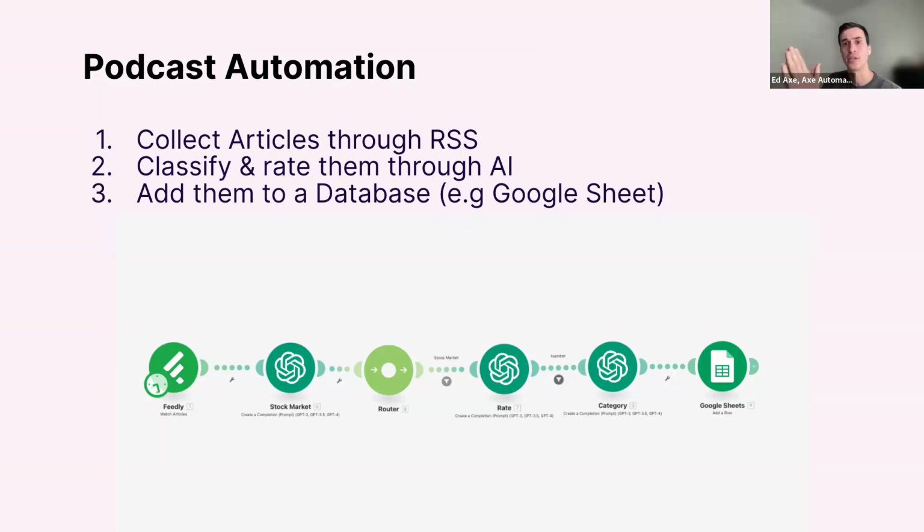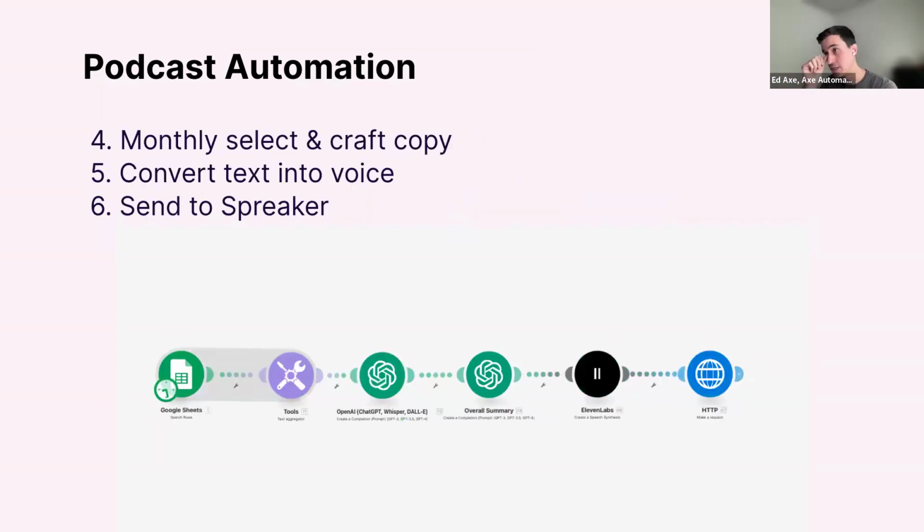So the first part of the podcast automation is basically the same. What's going to be different is the second part, right? Which is basically instead of adding those news articles into an email marketing provider like MailChimp, we are doing that for a podcast provider.